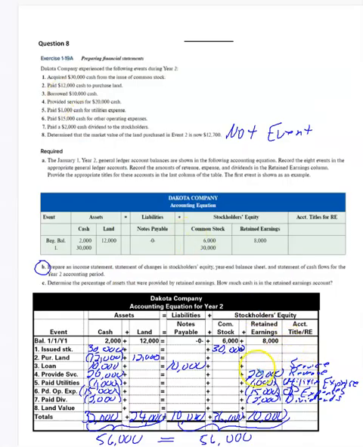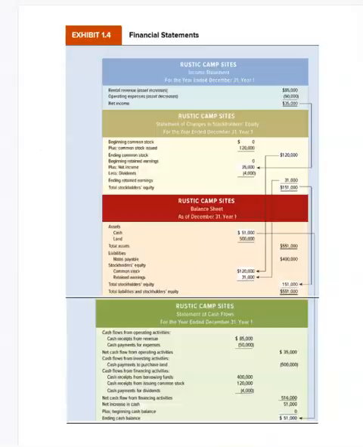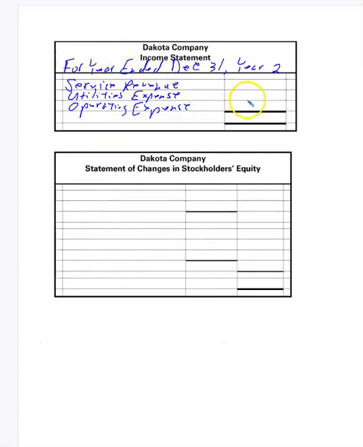All right, service revenue is 20,000, utility expense is 1, and operating expense is 15. So I'm going to put those in, put a dollar sign in front of it, so 20,000. Utilities expense is 1, so we're going to subtract the 1. And then operating expense, subtract the 15.